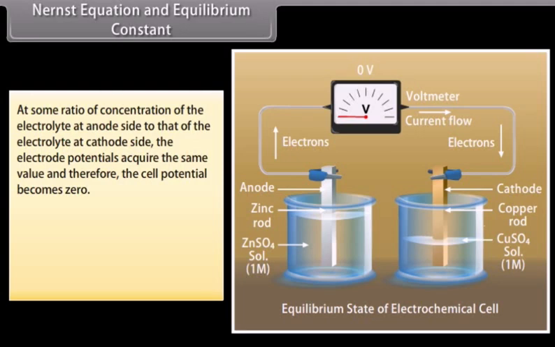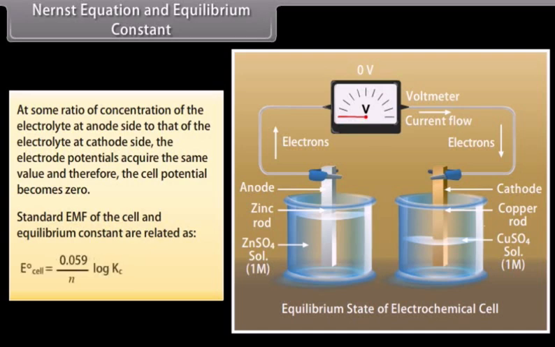At this stage, the electrochemical cell stops working and the cell is in a state of equilibrium. By knowing the standard EMF of the cell, the equilibrium constant for the cell reaction can be calculated as E naught cell is equal to 0.059 upon n log Kc.